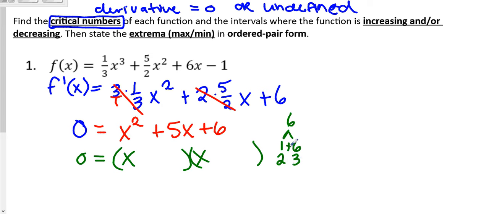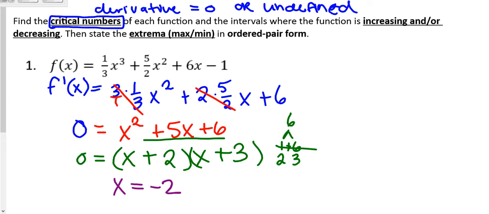If we add 1 and 6, we'll get 7, so those don't work. So we are going to use 2 and 3. Everything in this problem is positive, so everything in our answer will be positive. From here, we can get our critical numbers. So these are our critical numbers right here. X equals -2 and -3. Those are our critical numbers.